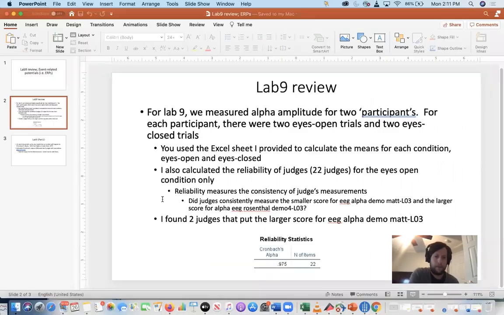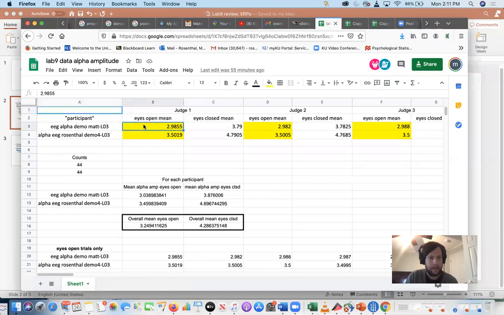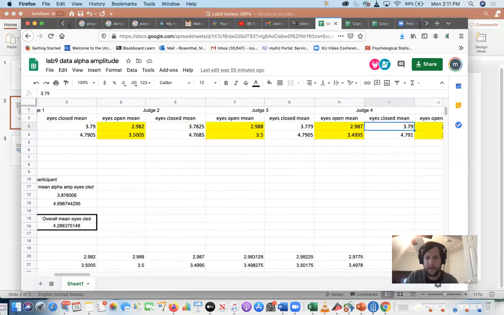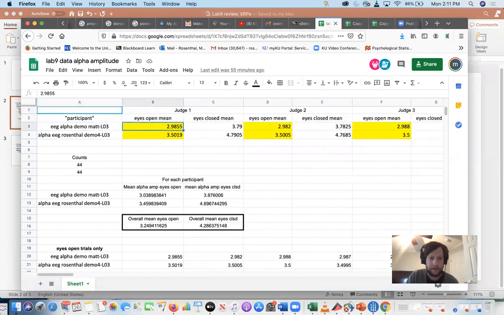And so one thing I want to point out about these measurements, if you look right here, this row right here, this is the participant called EEG alpha demo mat L03. And you can see this person's data right here. Those are the alpha amplitudes for various judges.